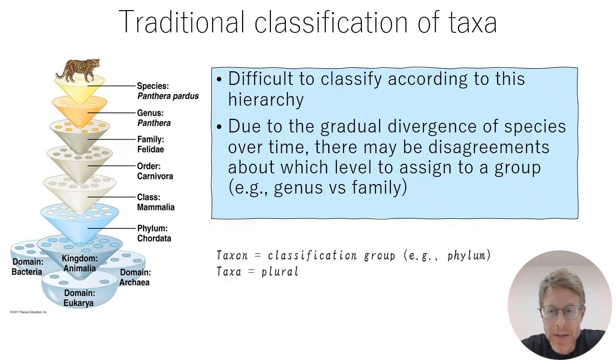Now, it's often arbitrary. Where the arbitrary part comes in is how do we decide if a certain level should be a genus versus a family versus an order, and so on. Generally, if things are put in different, for example, domains, there's a lot of differences between them. Whereas if they're in different genera, but within the same family, then there would be fewer differences.